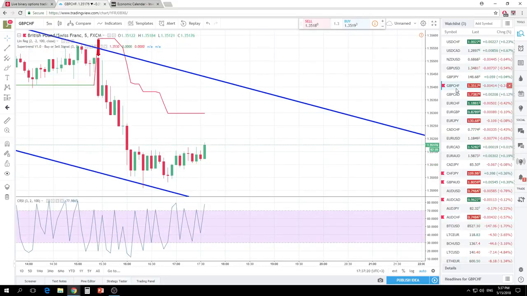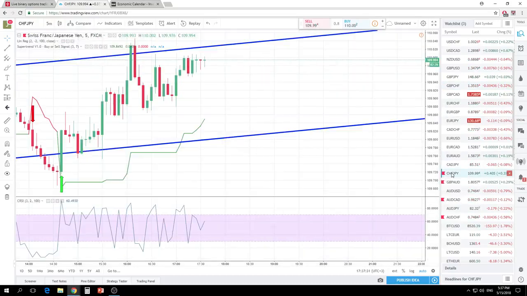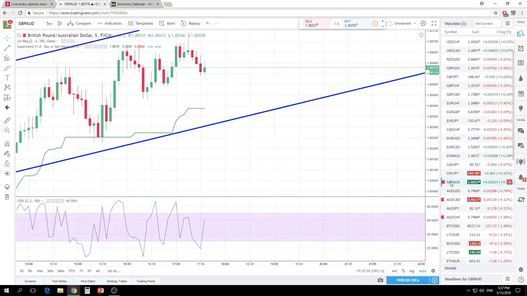Although we will not be able to open any new trades, let's see what is happening here. GBP Swiss franc is no longer a good one to trade, as you can see. Swiss franc JPY as well. GBP Australian dollar as well.